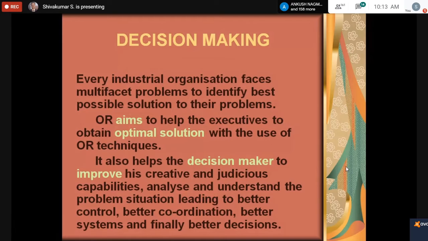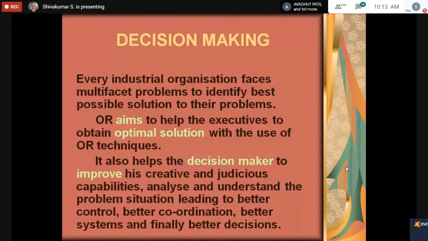What do you mean by decision making? Every industrial organization faces multifaceted problems to identify the best possible solution. OR aims to help the executives obtain the optimal solution with the use of OR techniques. I told you OR focuses on obtaining the optimal solution. That's why it's the art of giving bad answers, otherwise it's going to be a worse answer.